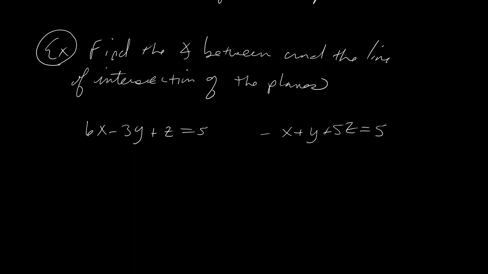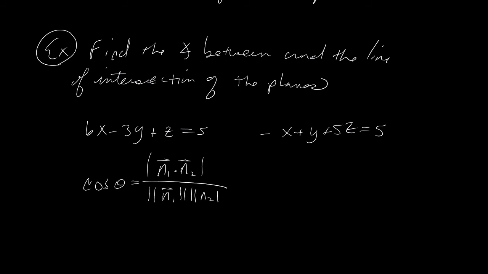All right, so step one, let's go ahead and find that angle. Let's find the angle between the planes. So that shouldn't be a big deal. We have a lovely formula. So cosine of theta is equal to n1 dotted with n2, absolute value, divided by the magnitude of n1 times the magnitude of n2.